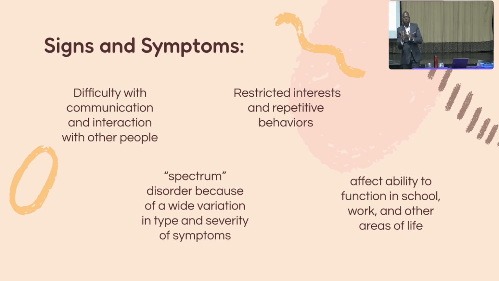PDD-NOS. A lot of school districts, because autism really doesn't manifest until age 3 or beyond, have started to come up with a label, and the label is SDD, significant developmental delay.